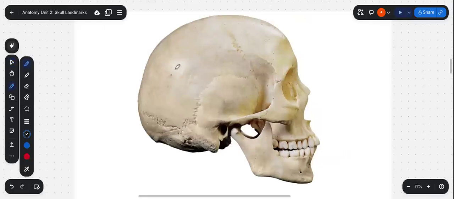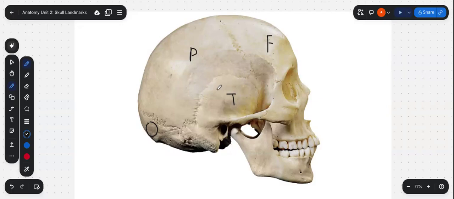So you have your frontal bone over here. I'll label it with an F. Then the parietal is this portion from here to here. Occipital is the back of the head. I labeled it with an O. And then temporal is in the middle region.